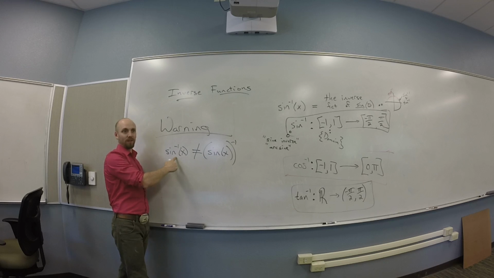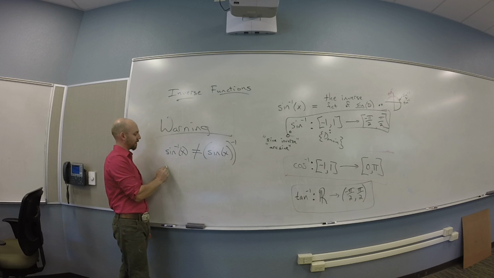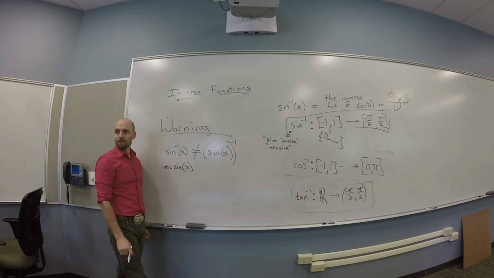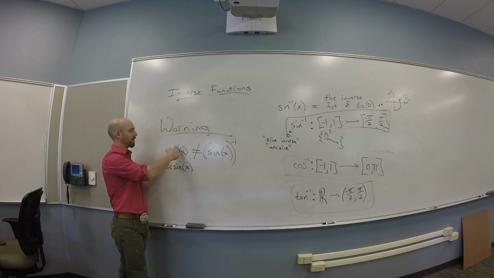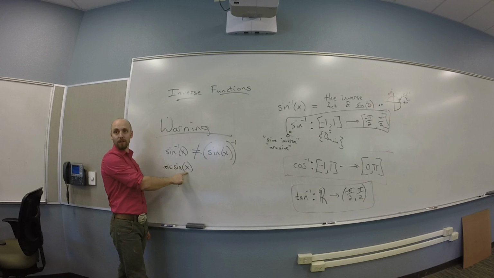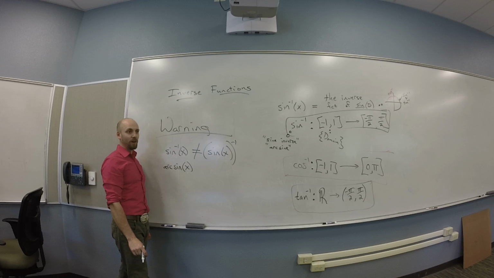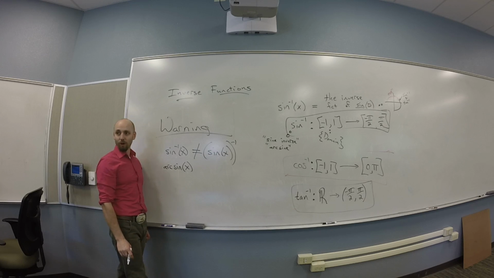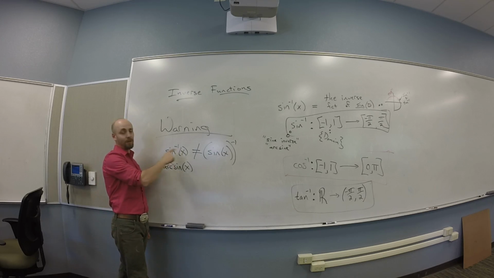That's actually one of the reasons that in some textbooks you'll see this, so you don't get confused. Instead of writing sine to the negative 1, they'll write arc sine. You see that? This is a weird thing and I have no good reason for it, but this is pretty common notation.